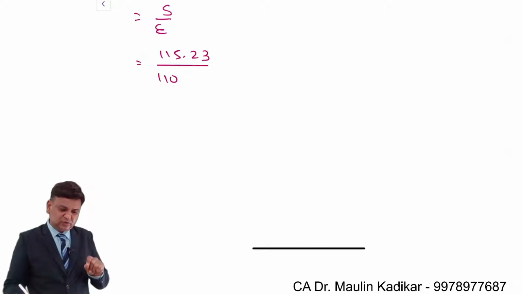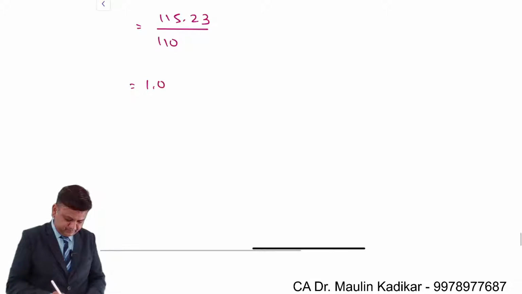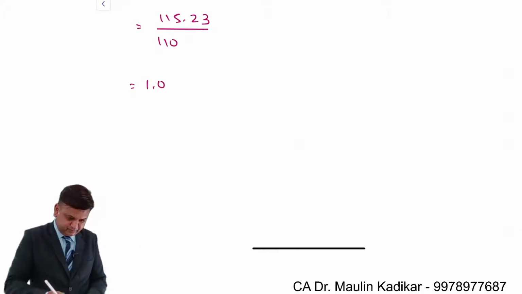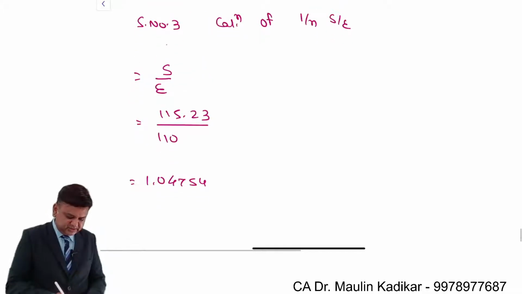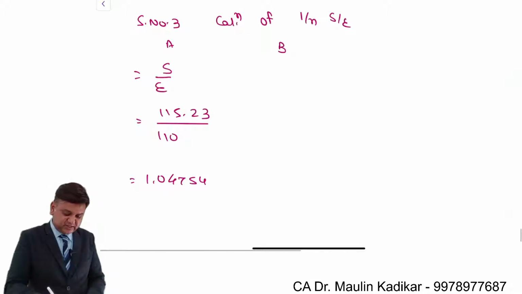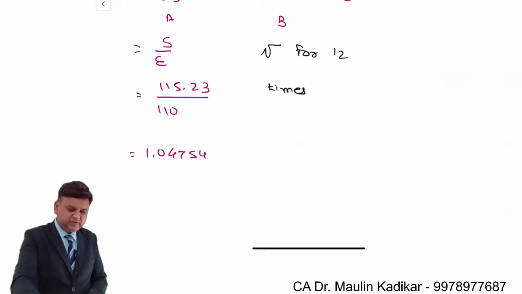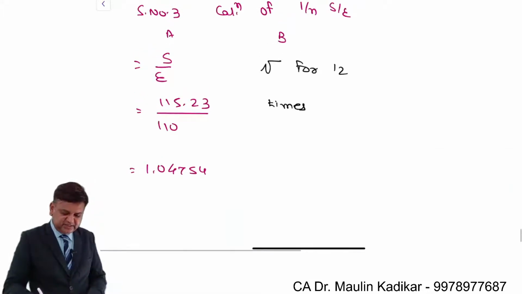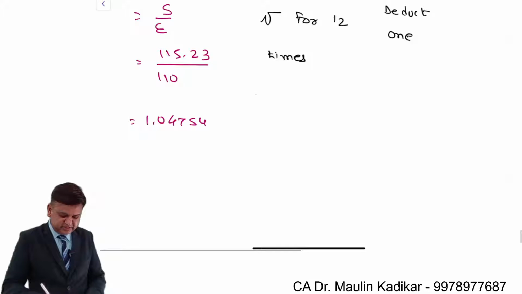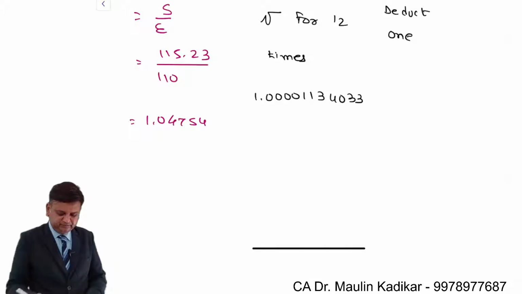So now 115.23 upon 110 is 1.04754. Then we understand that it is under root 12 times. So 1, 2, 3, 4, 5, 6, 7, 8, 9, 10, 11, 12. Then in the C step, deduct 1. So this answer is 1.12341134033.